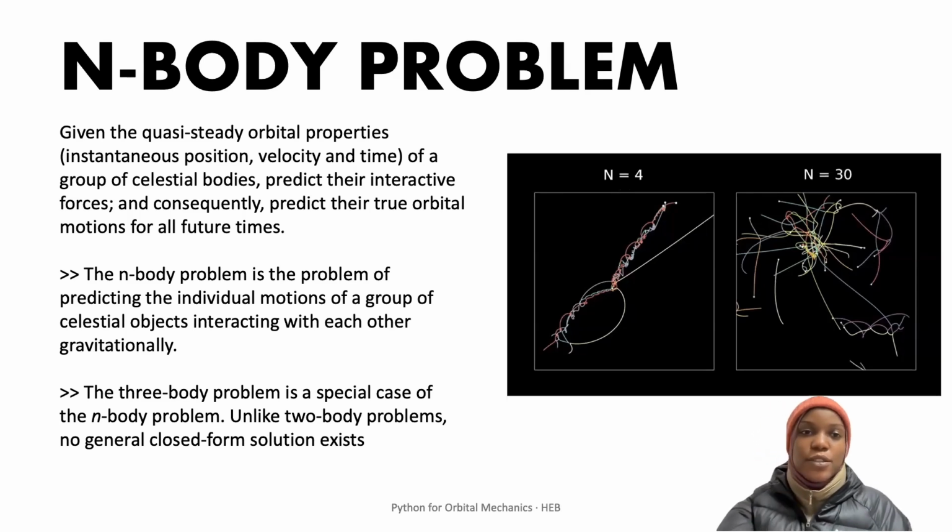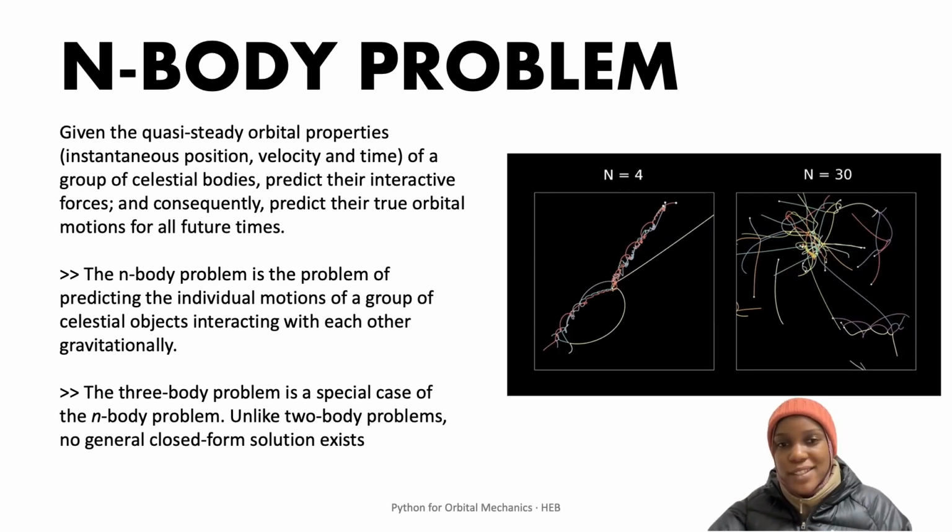And the n-body problem is just a problem that states that given the quasi-steady orbital properties, that is the instantaneous position, velocity, and time of a group of celestial bodies, we want to predict their interactive forces and consequently predict their true orbital motion. So it's a problem of predicting individual motions of a group of celestial objects interacting with each other gravitationally.